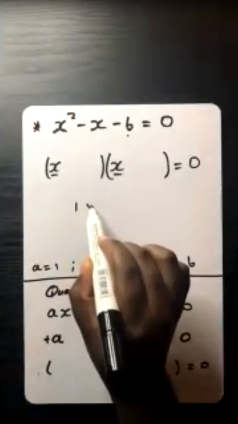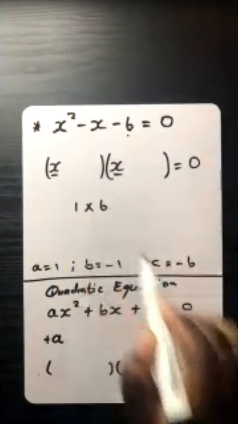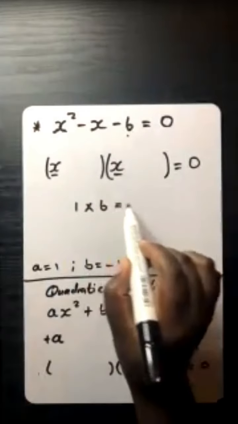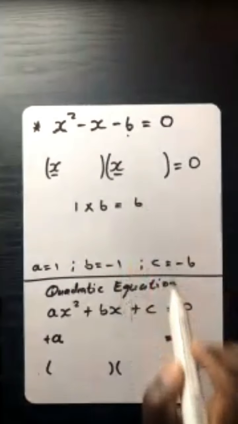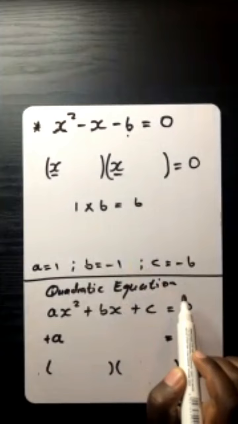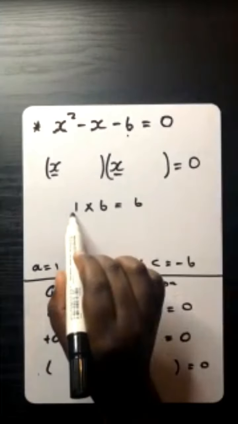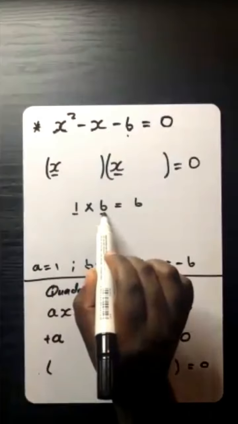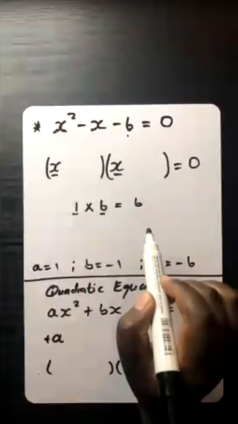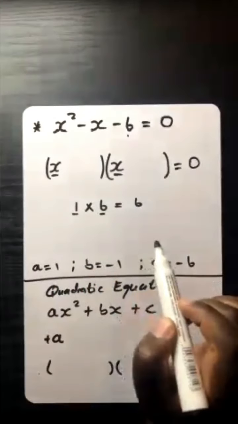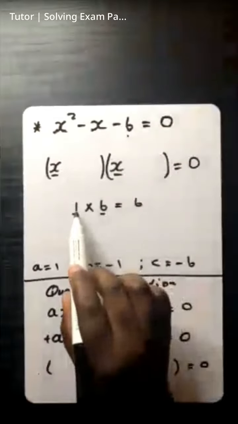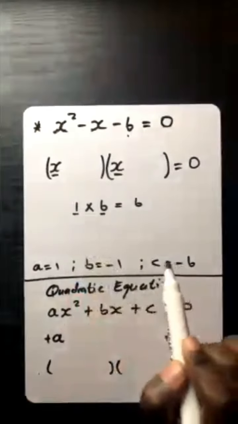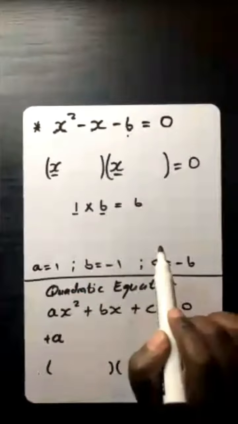1 multiplied by 6, this will be 6. But now, can 1 and 6 give you the middle term, which is 1? Can you work out 1 and 6 to give you 1?